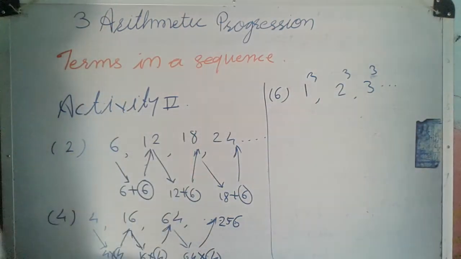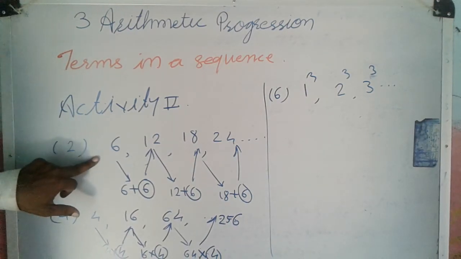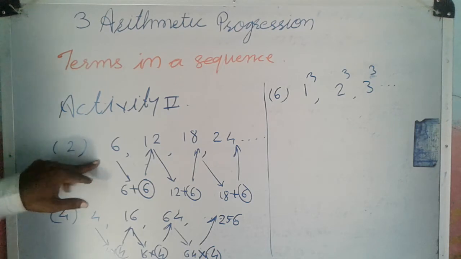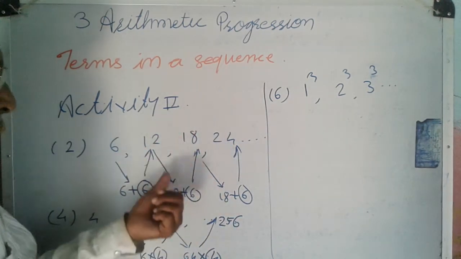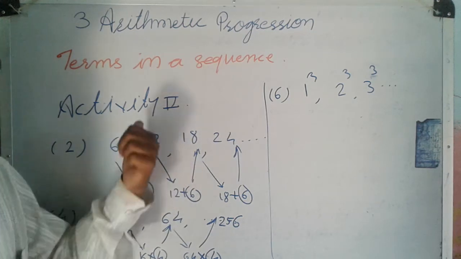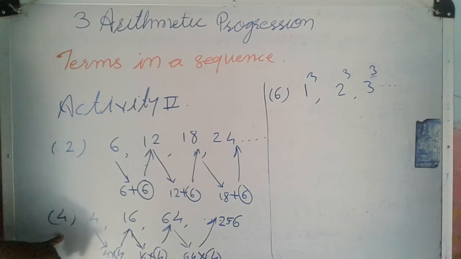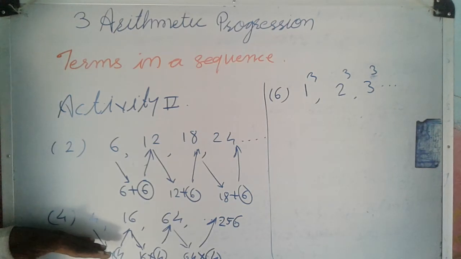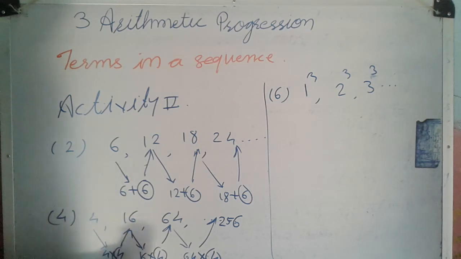Now here in the first sequence, to obtain the next number, we have to add a particular number to the preceding number. In the second example, to obtain the next number, we have to multiply the preceding number by a particular number.